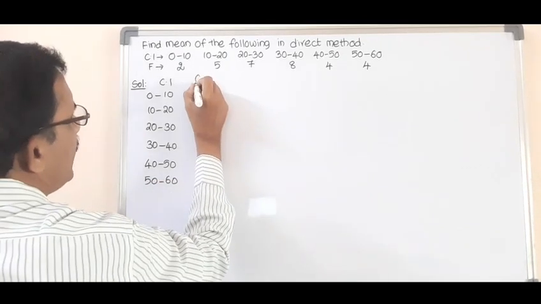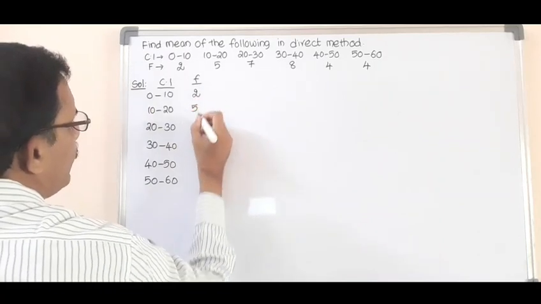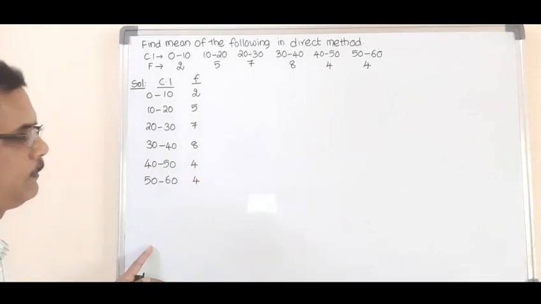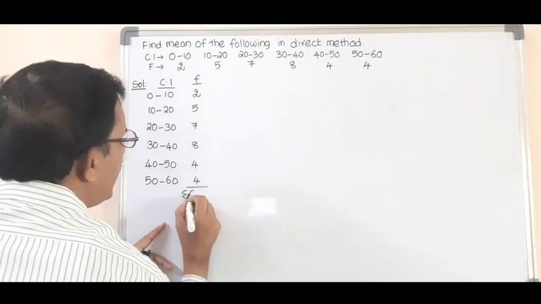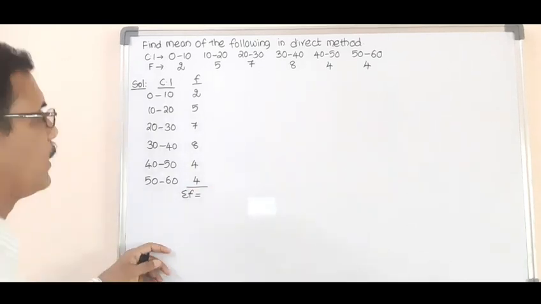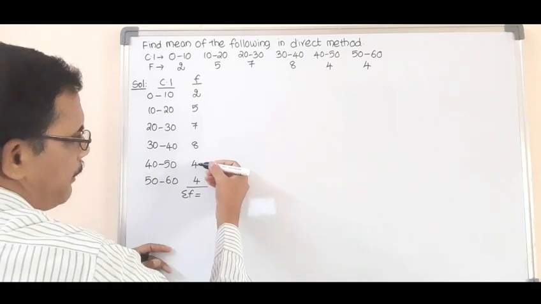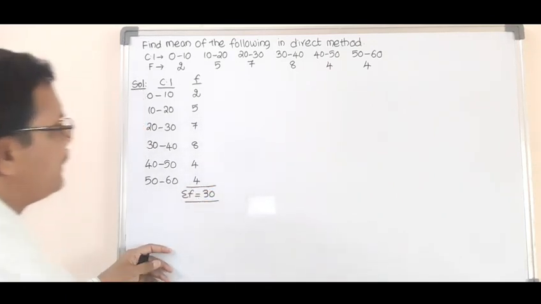In second column we will take frequency 2, 5, 7, 8, 4 and 4. Now let us add all the frequencies, that is denoted by sigma f. 2 plus 5 is 7, 7 plus 7 is 14, plus 8 is 22, 26, 30. So sigma f is 30.